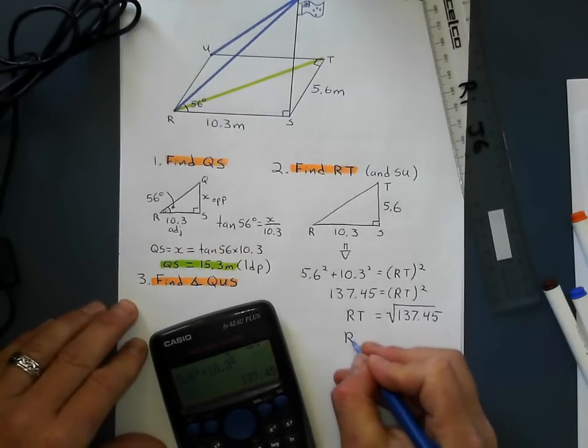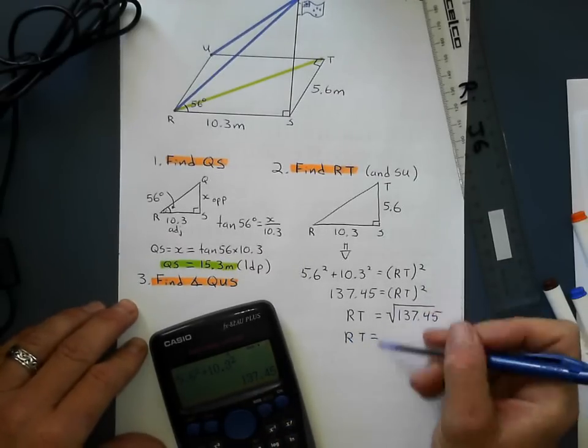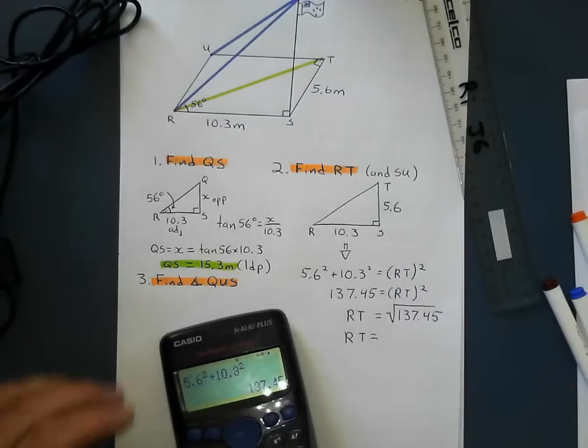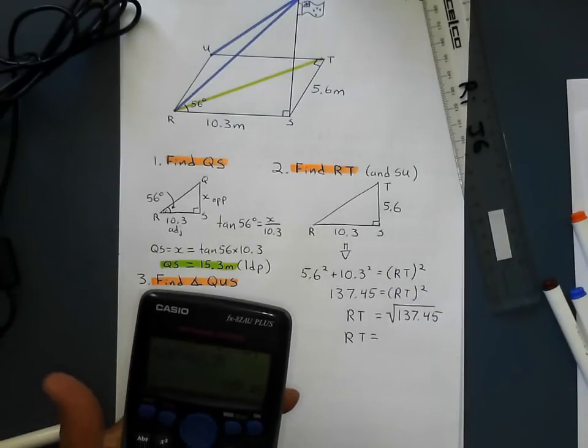Try to keep the working neat, meaning like the equal signs lined up and all that. And on the calculator, that number's in there.